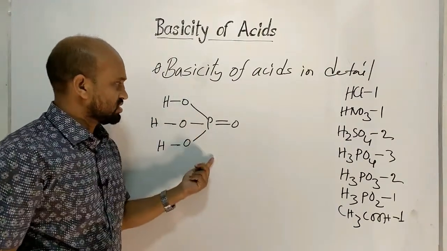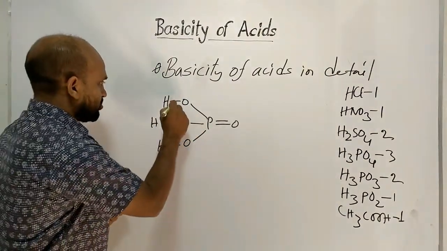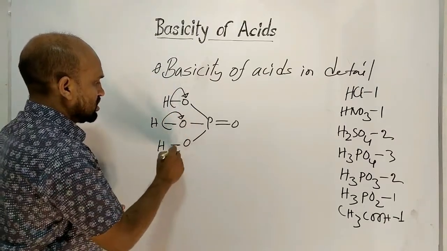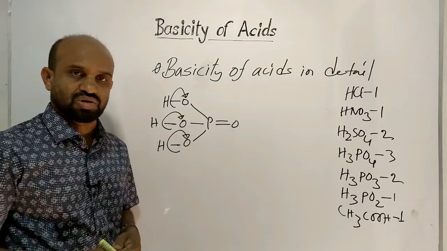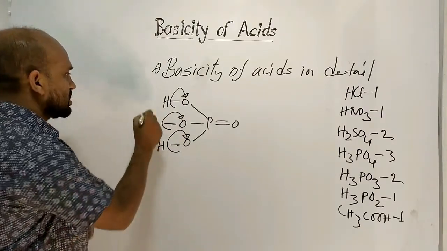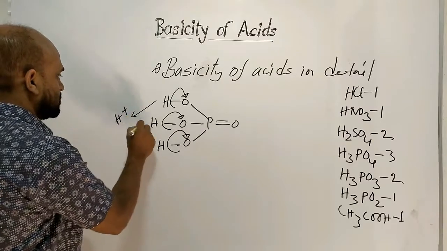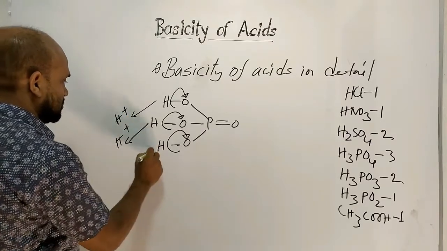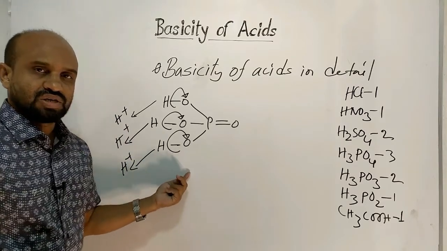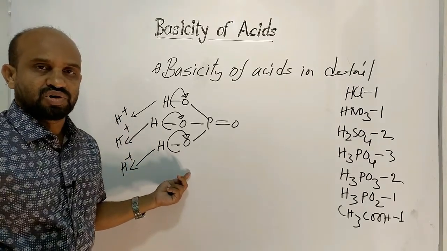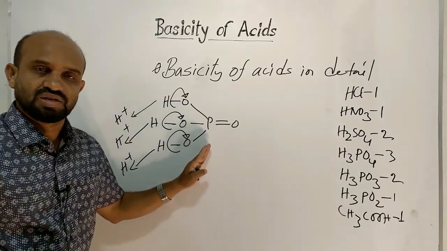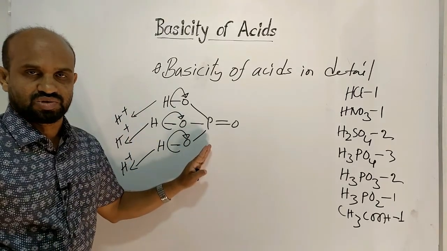This is phosphoric acid. Here this bond undergoes heterolytic fission. This bond undergoes, and this bond undergoes heterolytic fission. So all 3 hydrogen atoms are released as protons. So the basicity of phosphoric acid is 3 because this compound has 3 ionizable hydrogen atoms.